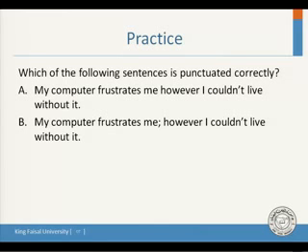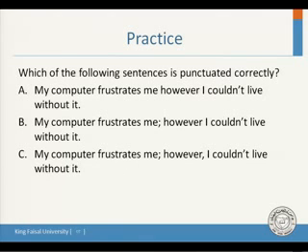My computer frustrates me, semicolon. Can you see the semicolon? We call it semicolon, not comma. However, I couldn't live without it. Is this a correct sentence? My computer frustrates me.